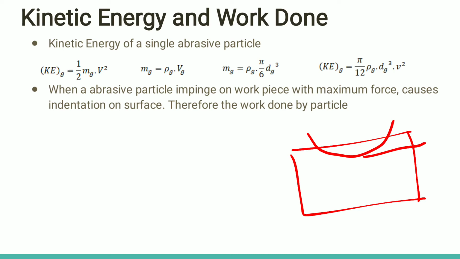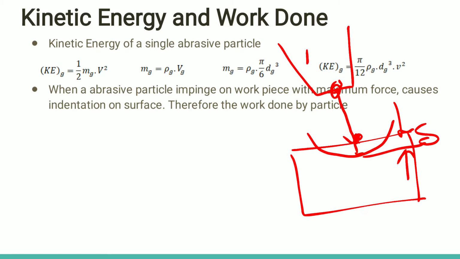We are considering this as an indentation, delta. Whatever abrasive particles are at the exit area will collide over here, and when they collide with the workpiece surface, they move some distance inside. That movement is the delta, the indentation made by that particular particle.